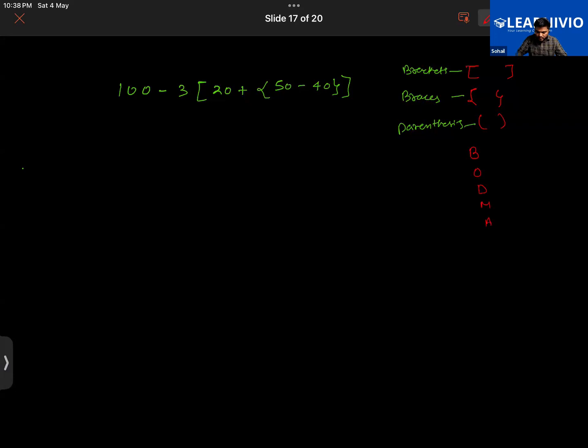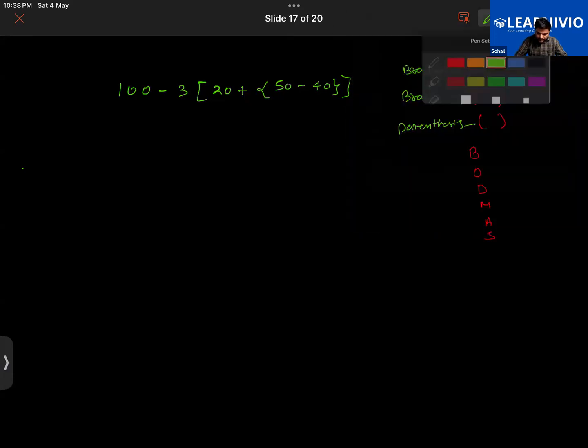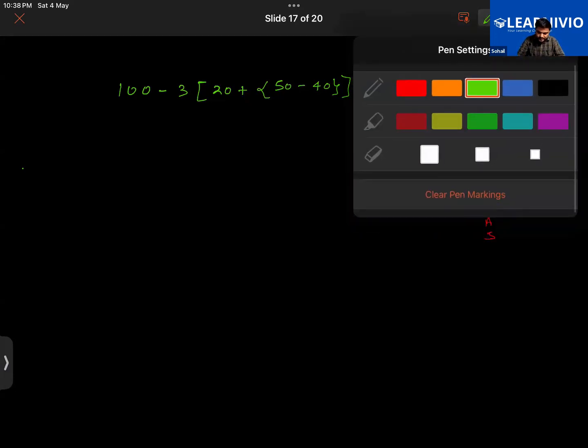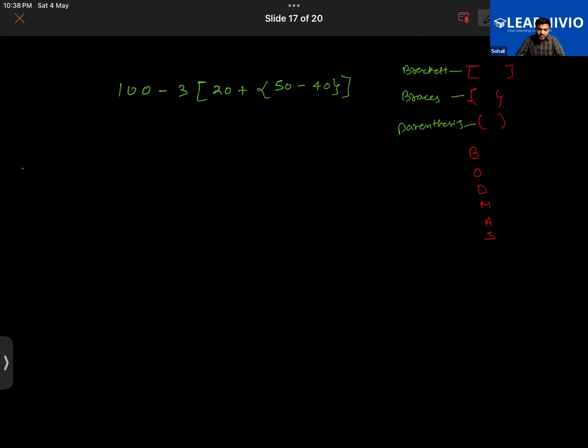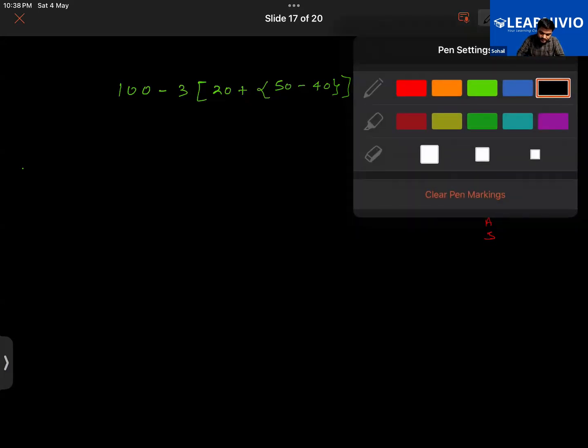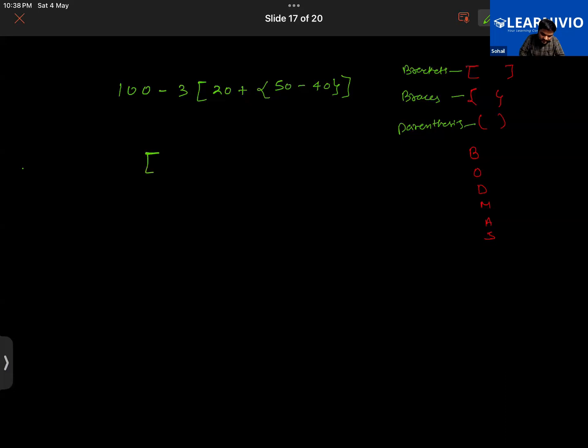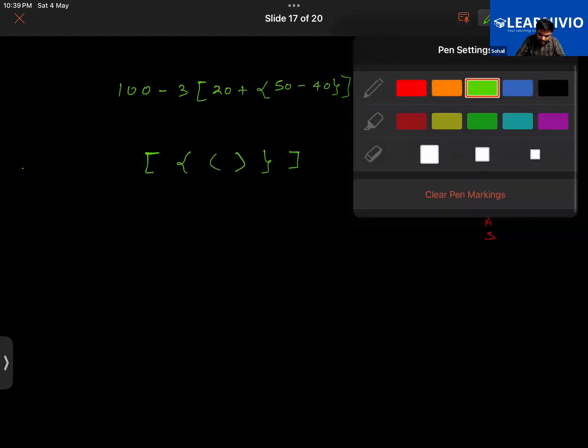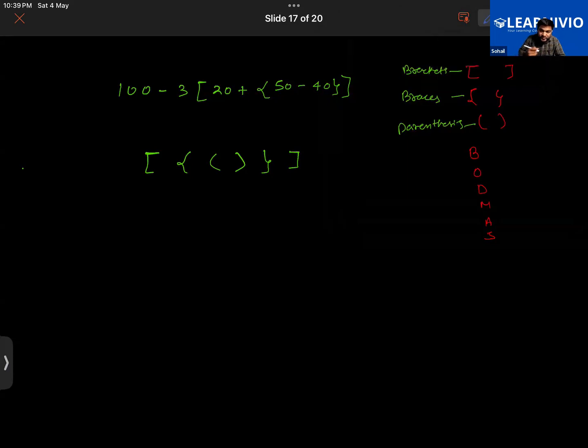Wait, can you repeat it again? Your voice is not coming through. See, you have to do the questions in this manner. You have this bracket, inside this you have the braces, and then you have parentheses. So the order of solving has to be as follows. First, you do the values given under the parentheses.